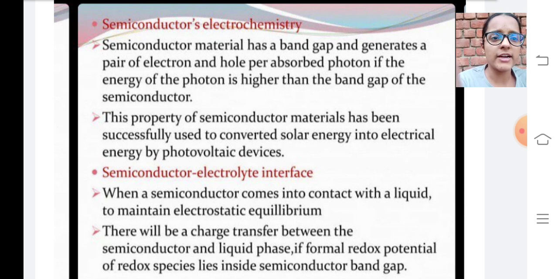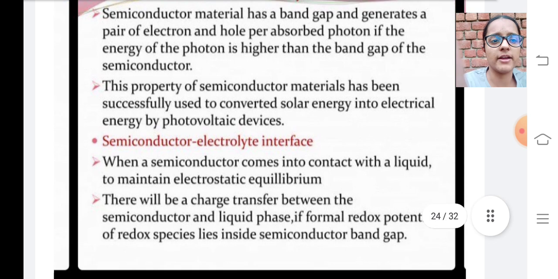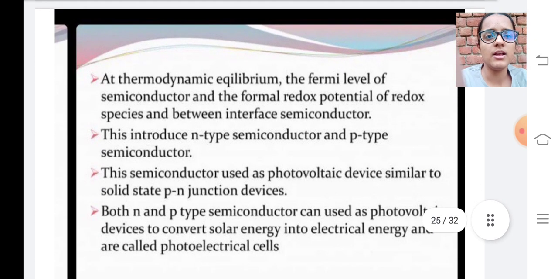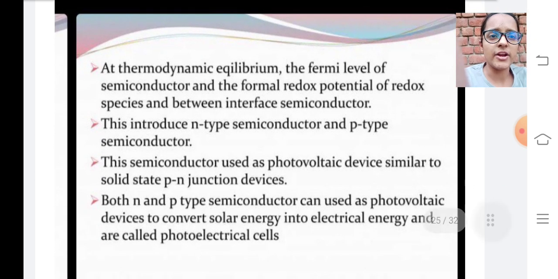Semiconductor electrolyte interface. When a semiconductor comes into contact with a liquid, to maintain electrostatic equilibrium there will be a charge transfer between the semiconductor and liquid phase if the formal redox potential of the redox species lies inside the semiconductor band gap. At thermodynamic equilibrium, the Fermi level of the semiconductor and the formal redox potential of the redox species are balanced at the interface.